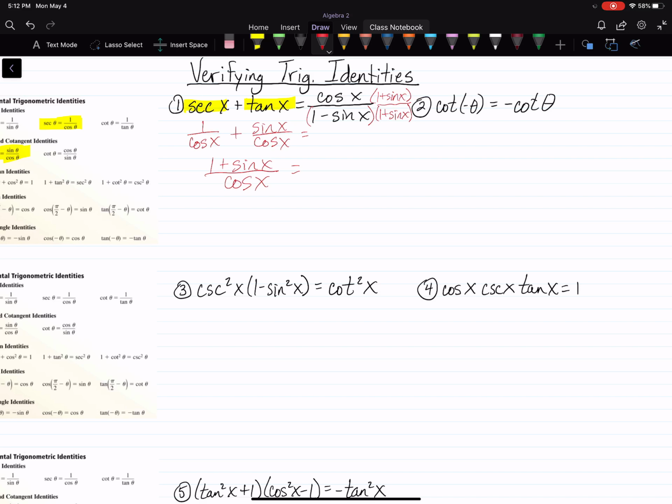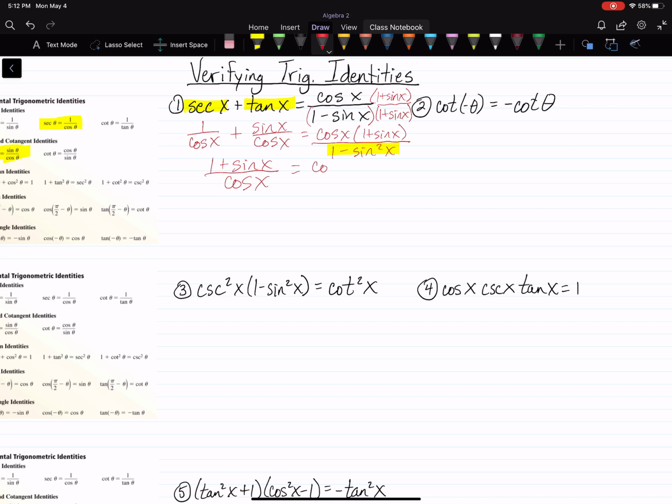So on top, we will now have cosine x times 1 plus sine x. And if you FOIL the bottom, these are conjugates of each other, so you will get 1 minus sine squared x. And we've already talked about 1 minus sine squared x is cosine squared x.